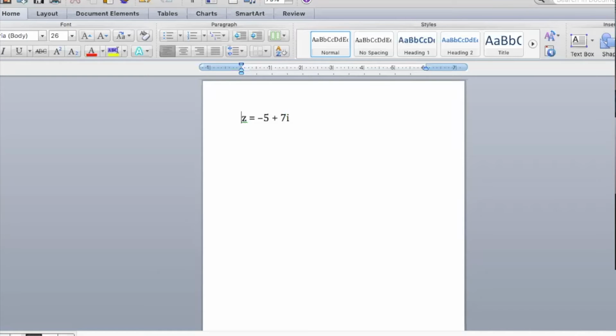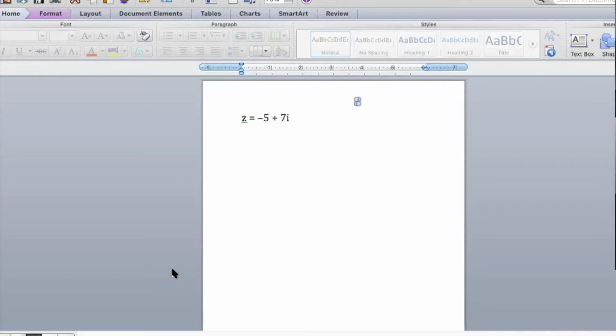But take a look. If I have this complex number and I represent it here as a point, and I want to represent it in polar coordinates, it means the coordinates of this on the xy plane are -5, 7i. And if you remember, the x coordinate here, x is equal to r cosine theta. That's what this is.